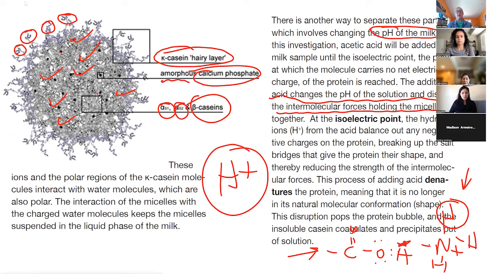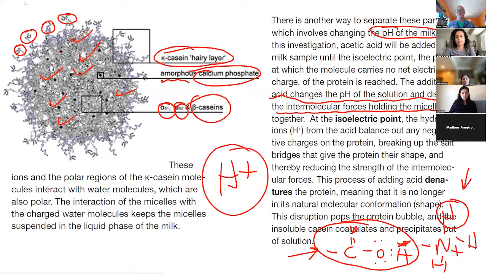And as you increase the positive charge of protons, you have a negative charge on the acidic ones, and then they'll become neutral. And at some point, at the isoelectric point, basically the overall charge of the protein will be 0. So basically you'll have exactly the same number of negative charges and exactly the same number of positive charges. So the overall charge of the protein will be 0.